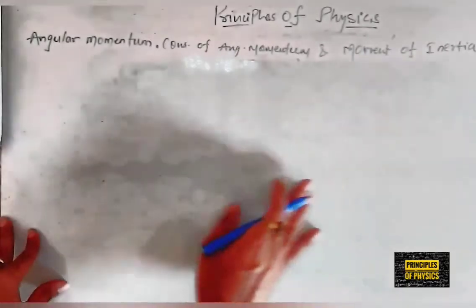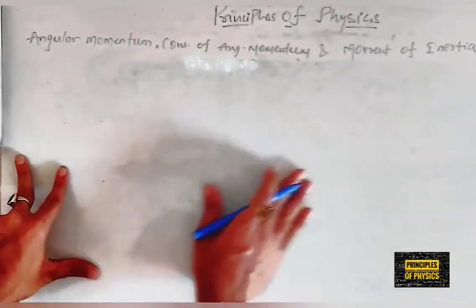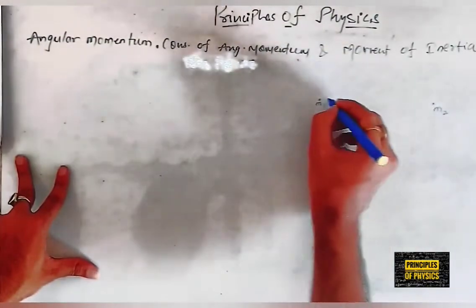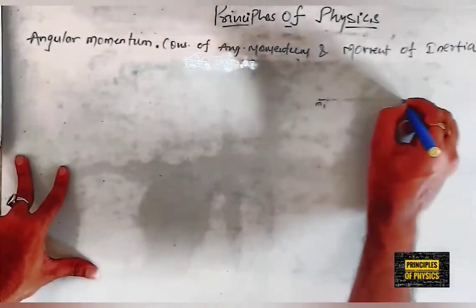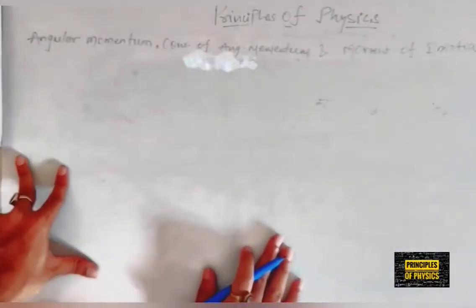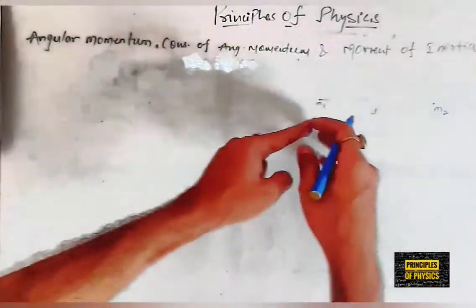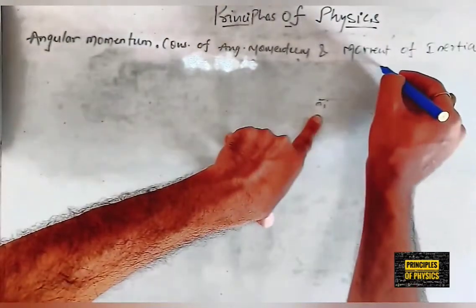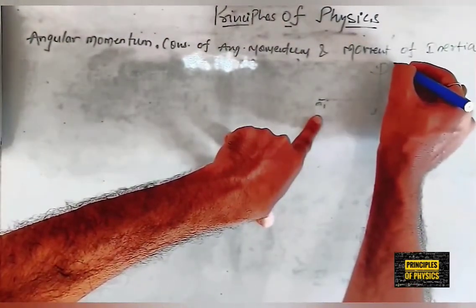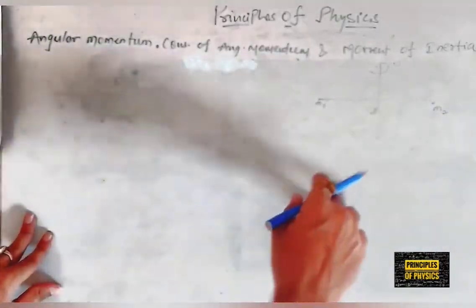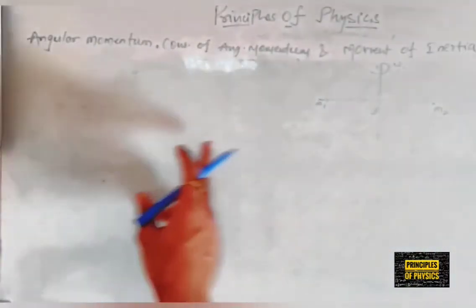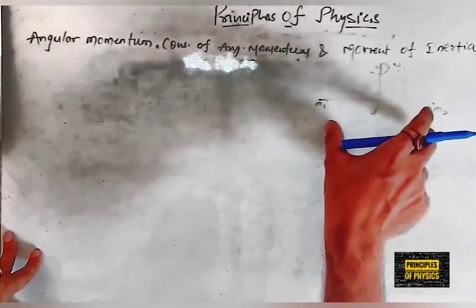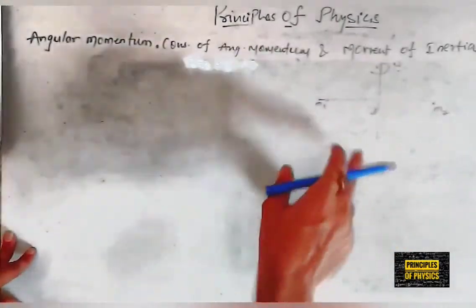Now we will see a situation where two masses, let's say m1 and m2, are d distance apart from each other, and this system of two masses, m1 plus m2, is rotated with angular velocity omega about the center of mass, and we will have to find the angular momentum of the system with respect to m1 and m2.